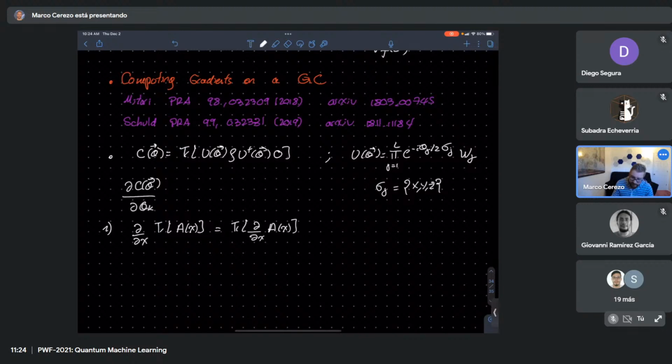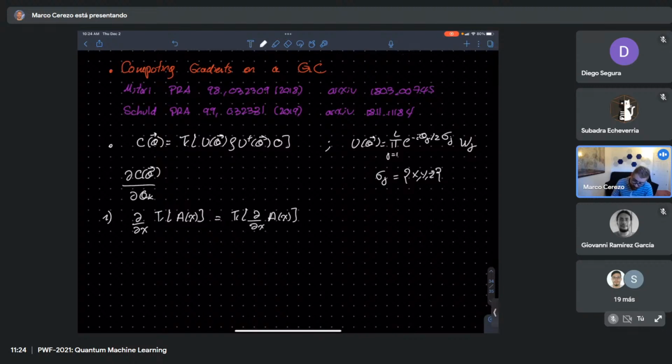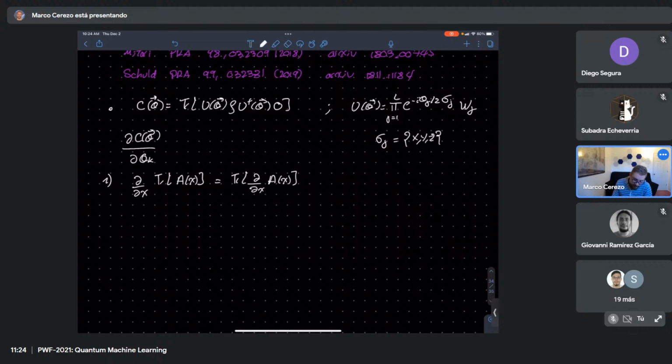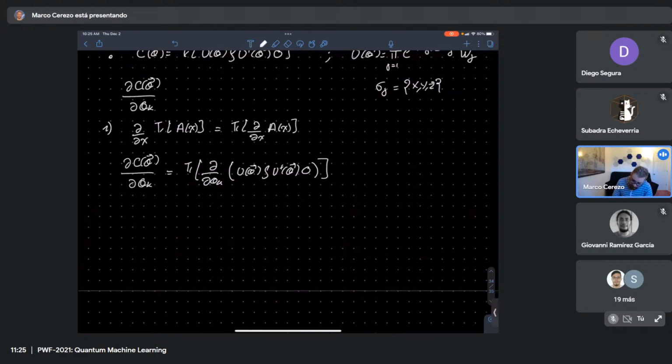So we can take the trace and put the partial derivative inside of the trace. So that already tells us that if we take the partial derivative of C, we can take this and put it inside. So that means that we can just express this as the trace of the partial derivative with respect to theta_k of U(theta) rho U dagger(theta) O.